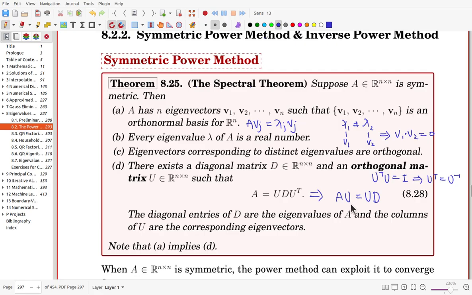This is a matrix equation. If we consider the columns, then each column, from the left hand side, the jth column will be A Vj, and the right side will be lambda j Vj. So this implies that quite easily.